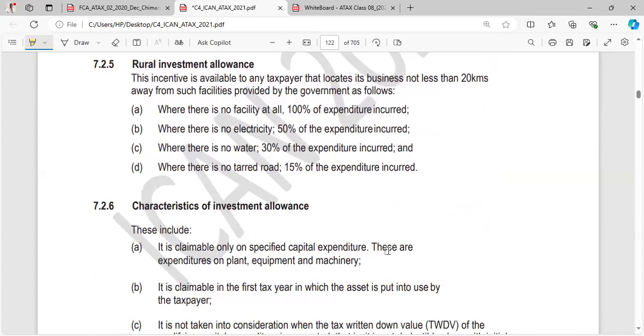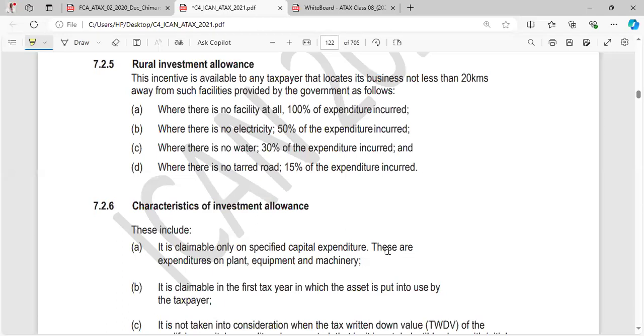For rural investment allowance, you are investing in a rural area where there are no facilities that government should ordinarily provide so that business environment can thrive. So you are providing such to support the government. Instead of the government doing all of this, you are taking the burden upon yourself, and the government will compensate by allowing you to deduct it as an allowance.